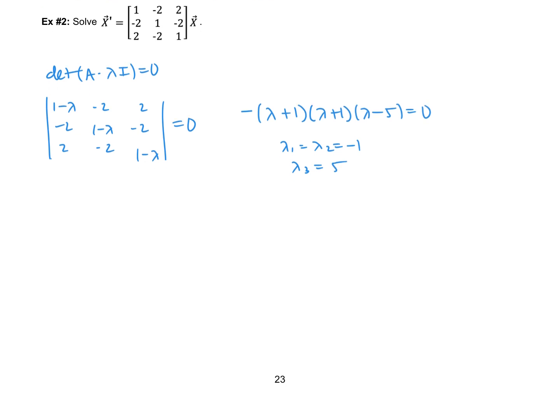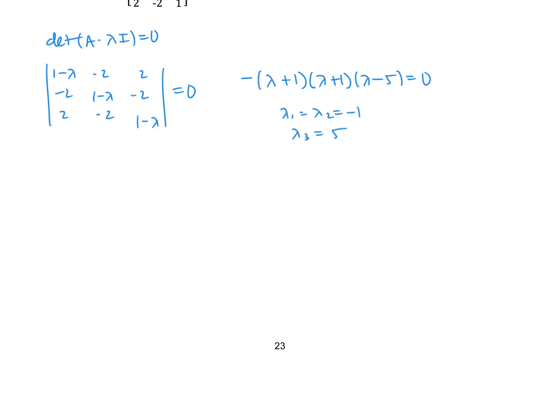Okay, so let's find those eigenvectors. The question is, how many eigenvectors are we going to get from this eigenvalue that has multiplicity 2? So what we're going to do, if you remember, is take a look at the matrix A add 1 times I, and we're going to augment with 0.